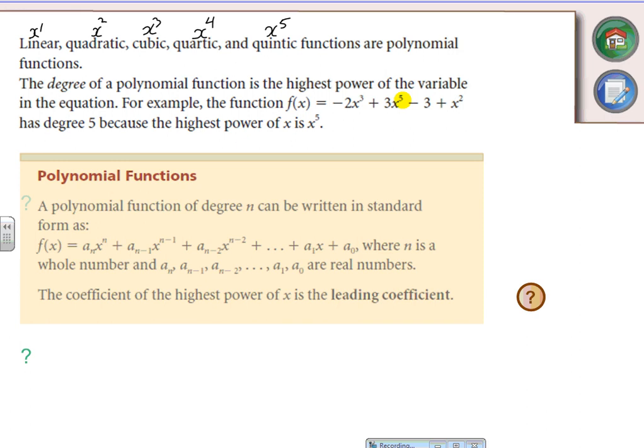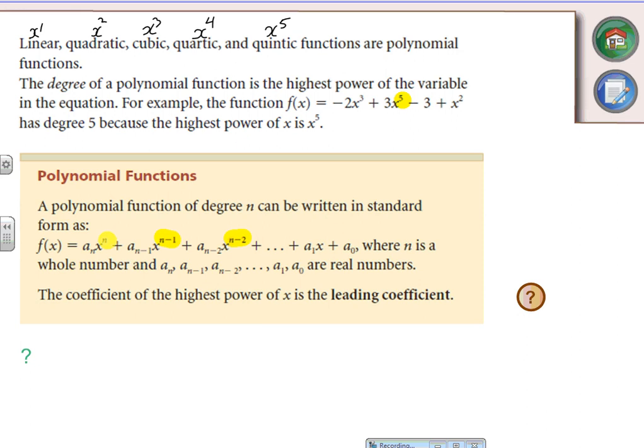Polynomial function of the degree n, whoa, this looks like craziness. All this is saying is that the a values are different. They don't have to be the same. And the n value, the exponent, we put them in descending order. Go down by 1, go down by 2. So we just keep going down.